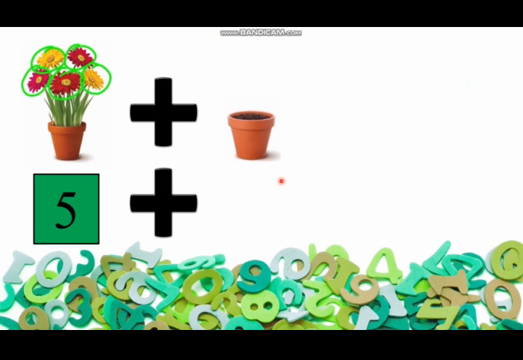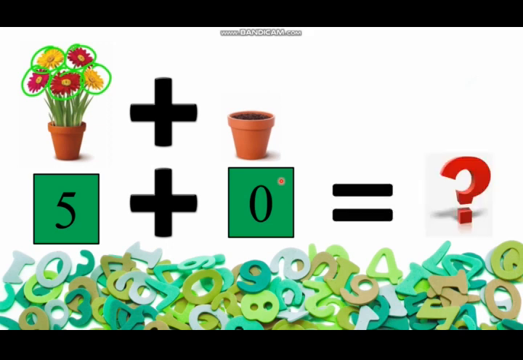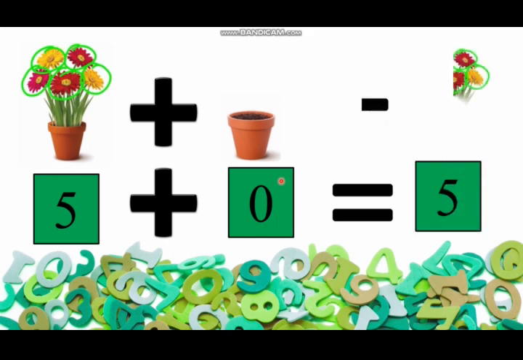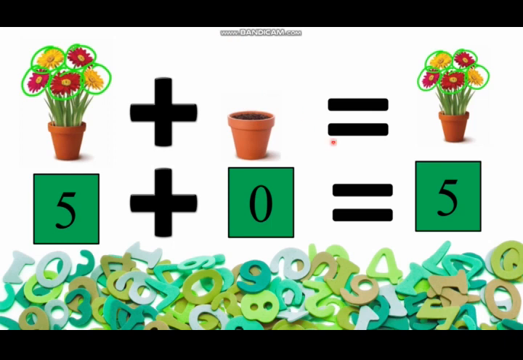There is nothing in the flower pot. So what will I write? 0. Yes. So 5 plus 0 equals how much? Can you tell me? Yes, it will be equal to 5. A flower pot plus an empty flower pot will again give you the same flower pot. Okay, so there are 5 flowers.